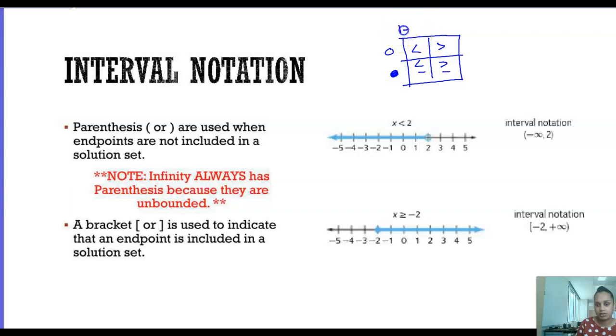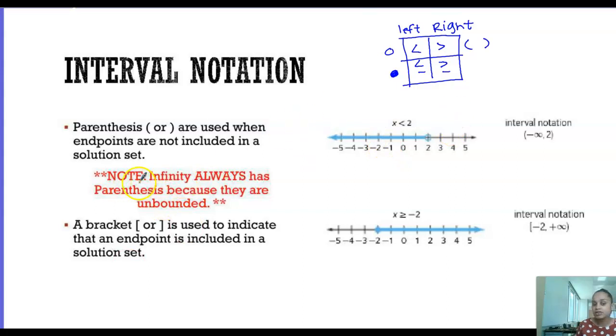These go left and these go right. There's a little bit extra you have to consider now. Parentheses are used when endpoints are not included in a solution set. So that would be when you have less than or greater than. So we would use parentheses.